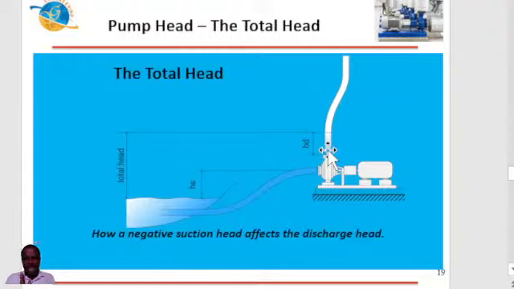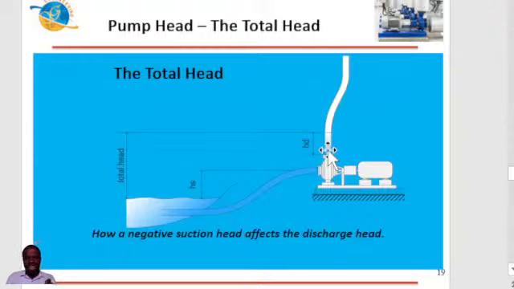For you to be able to select the right pump for your applications, you first need to know how the total head requirement can be obtained and at what flow rate. Like I mentioned in the course of this training session, your total head requirement is actually the difference between the height of the liquid at the discharge end of the pump, minus the suction tank level.